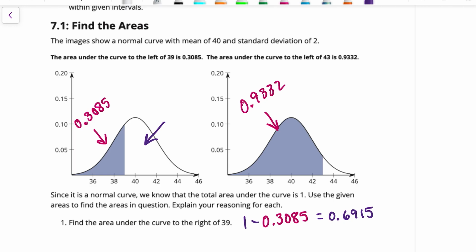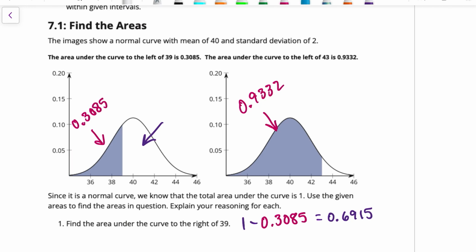And then we want to find the area under the curve between 39, so that would be right here, and 43. So we're trying to find this area here. Well, if we know that the area to the left of 43 is 0.9332, and we take away this area, which is right here, then we'd be left with what is blue.